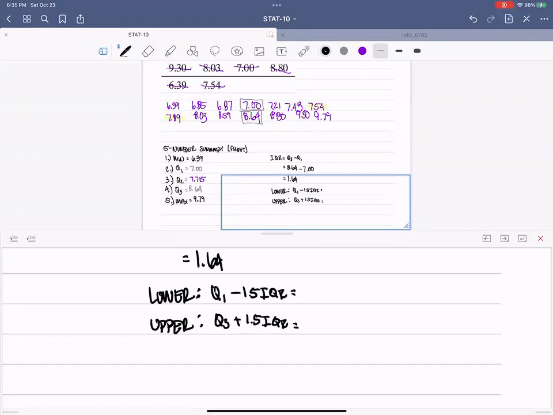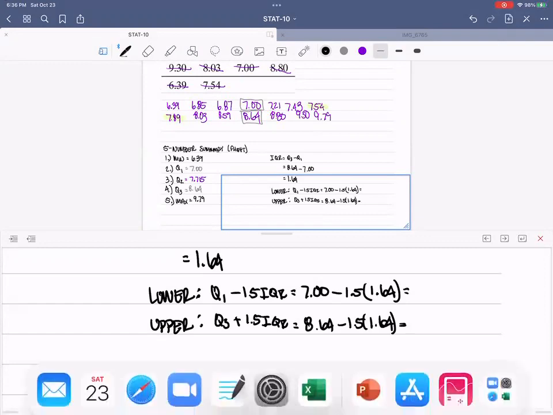Looking at these values, Q1 ends up being 7.00, then minus 1.5 times our IQR, which we found was 1.64. For our upper fence, our Q3 is 8.64 minus 1.5 times our IQR 1.64. We could just find those values using our calculator.